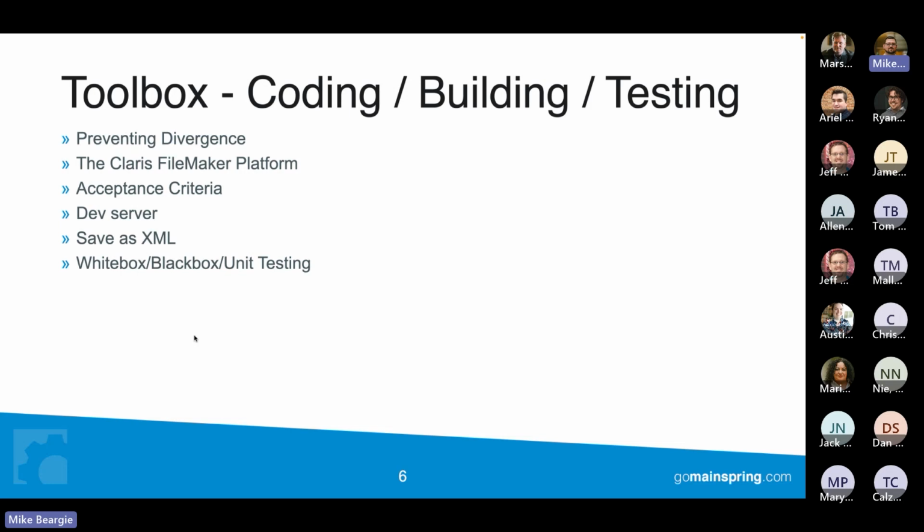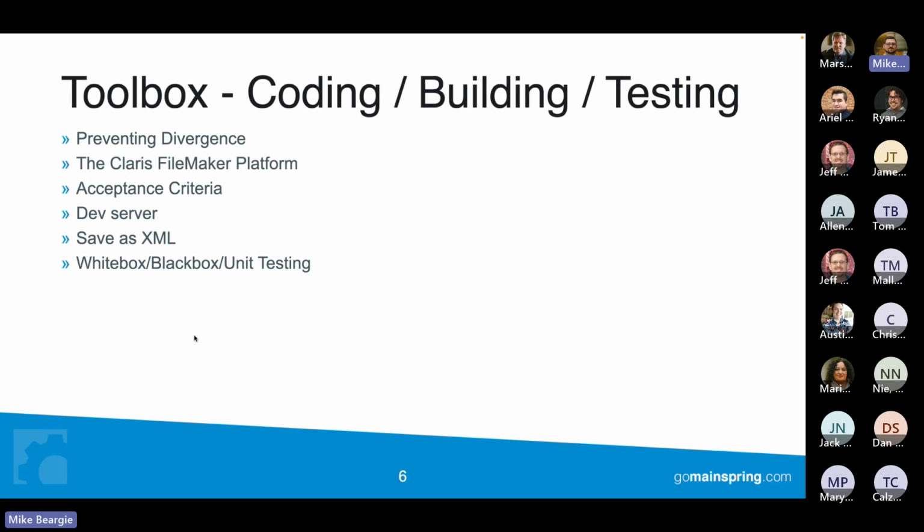I don't need to use some sort of command line to build software and compile it and deal with runtime errors. No, Claris FileMaker doesn't have any of that. So it's a great all-in-one platform, but that does cause some challenges that traditional software development has tools for, and some of those challenges are on this list.